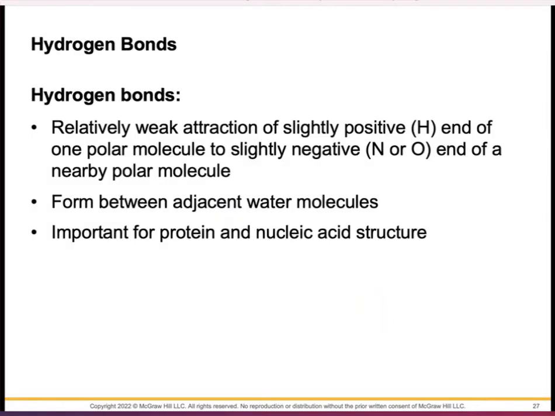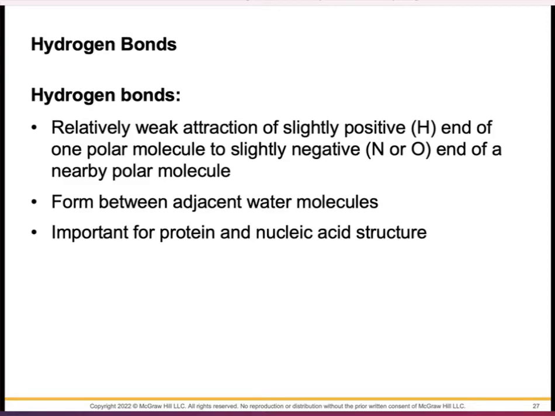Hydrogen bonds. A hydrogen bond is formed when a weakly positive hydrogen atom already bonded to one electronegative atom, for example, the oxygen in the water molecule, is attracted to another electronegative atom from another molecule. In other words, hydrogen bonds always include hydrogen that is already part of a polar molecule.